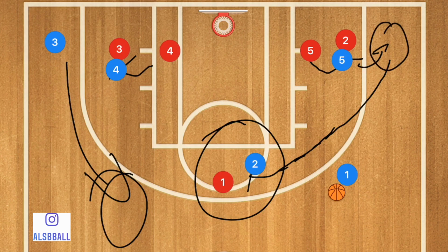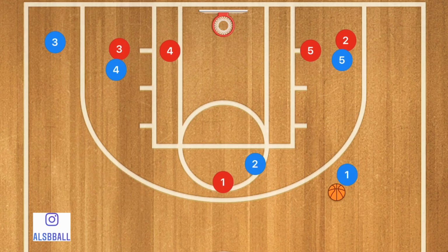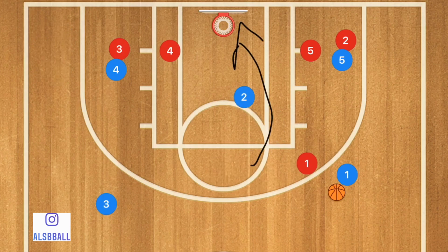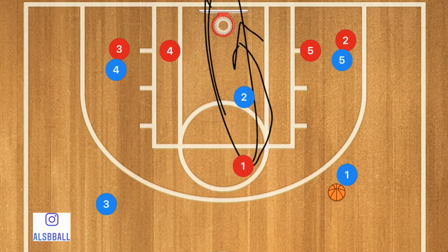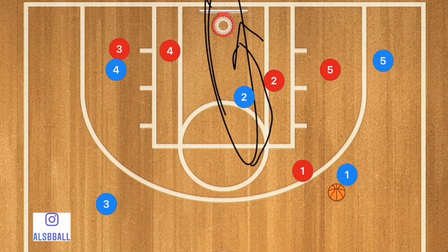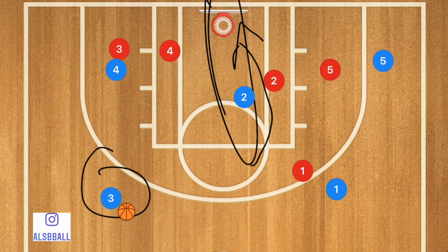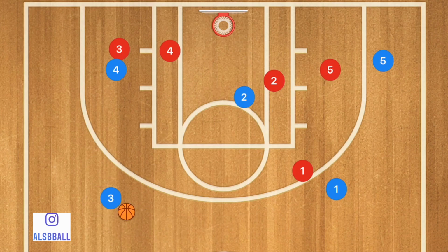The idea behind this is for player 1 to take a three-point shot. That's one option. The other option is for player 2 to roll off and cut towards the rim, in which case he may be open for a layup. If there's no switch, and everyone's covered, then that's not an option, but we may have player 3 open on the other side of the court from this screen, who is now open for that three-point shot.